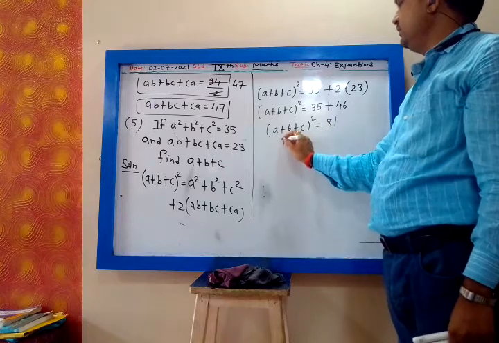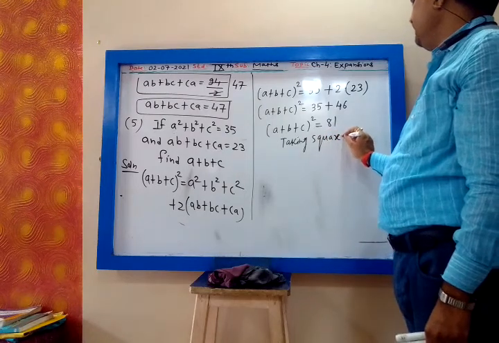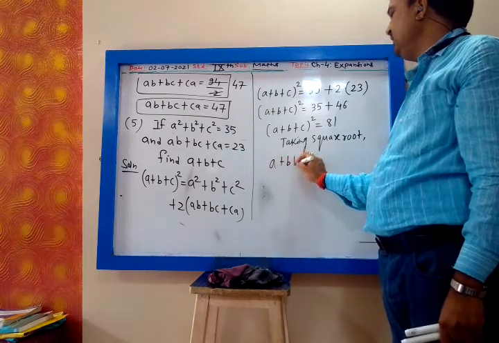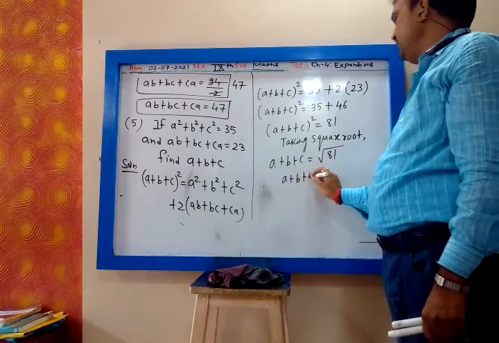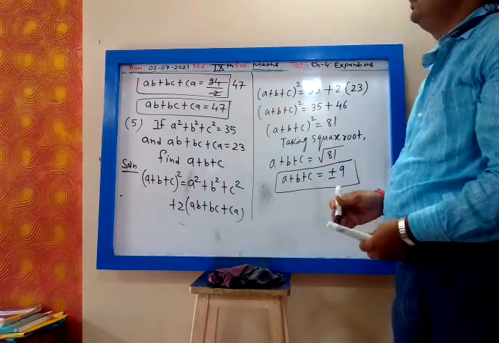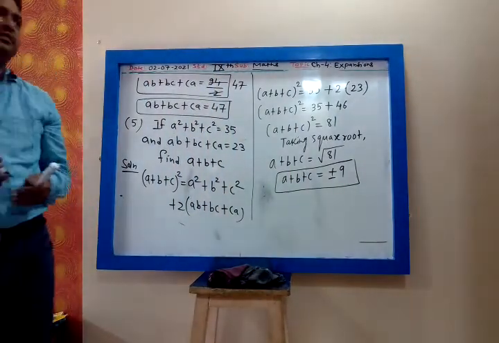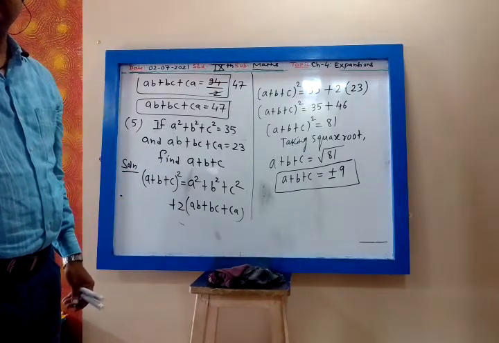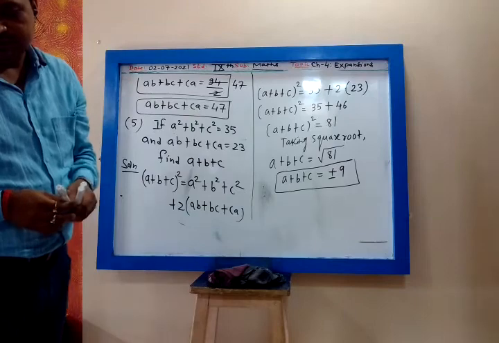So taking square root, A plus B plus C is plus minus 9, square root of 81. Whenever you take square root, you check whether it is given that they are positive; if so, we take the positive square root. But nothing is given, so I will take plus minus 9.